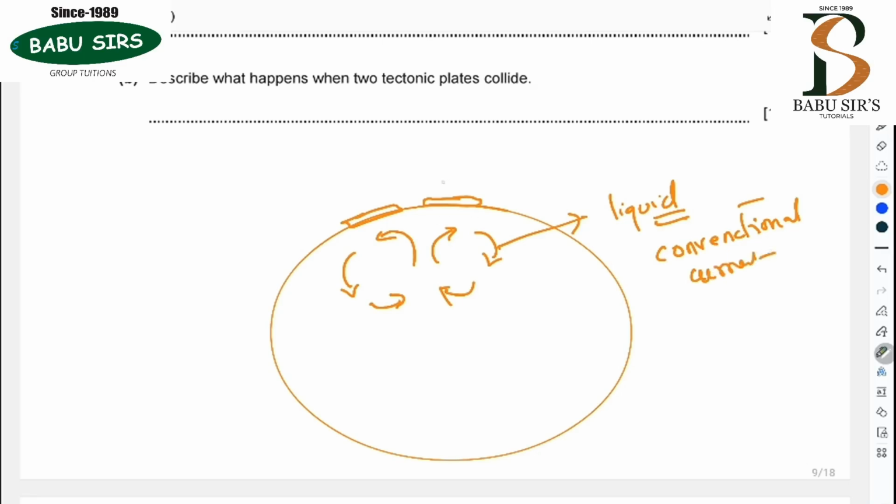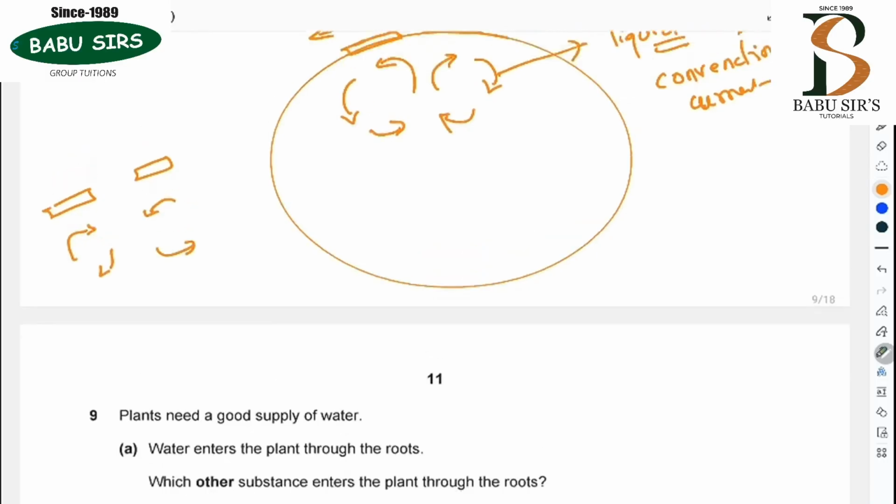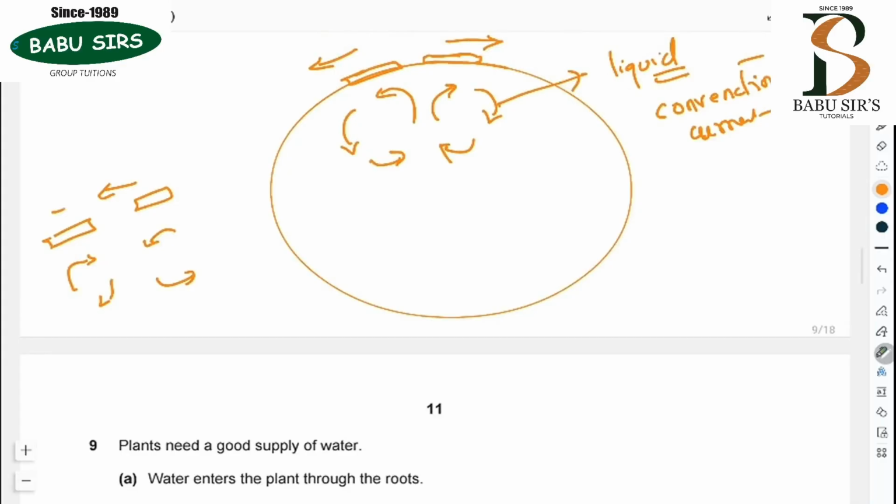So if the current is like this, these plates will move like this. If the current is inwards, then the plates will move inwards, and they will move this way.